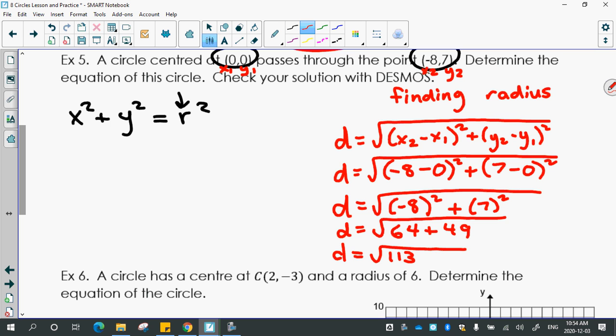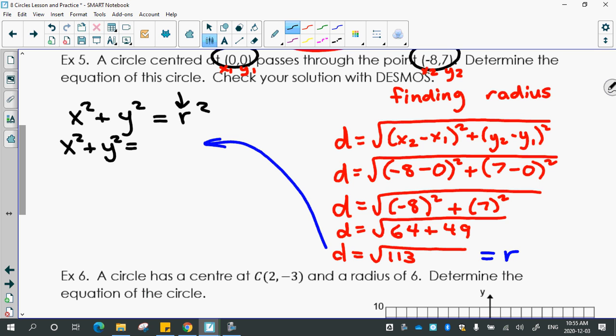Does that make sense? Now, this morning I would have changed it to a decimal. But since once I know the radius, I'm going to end up squaring it anyways, I shouldn't bother changing it to a decimal. Okay? So now I'm going to come over here, and I know the left side is x squared plus y squared because the center is 0, 0.